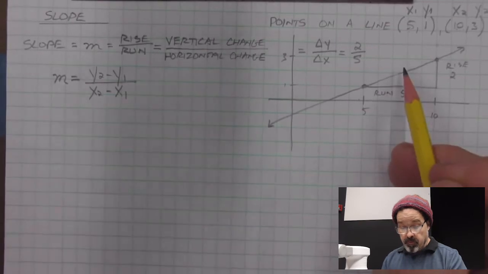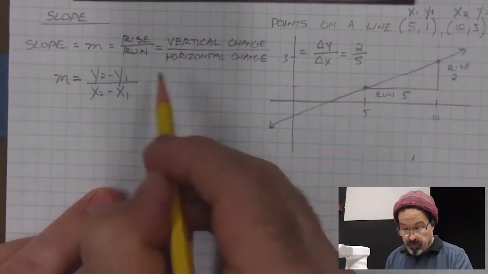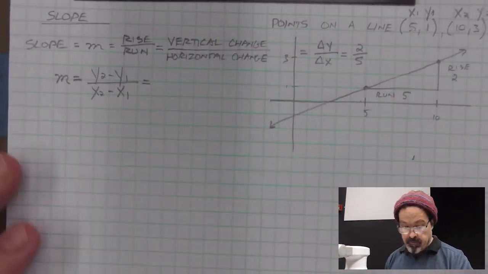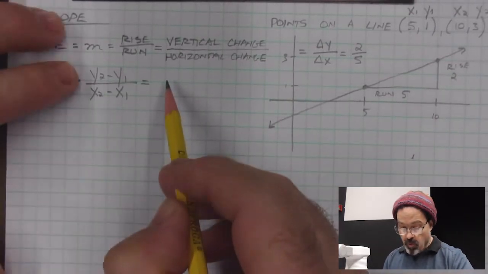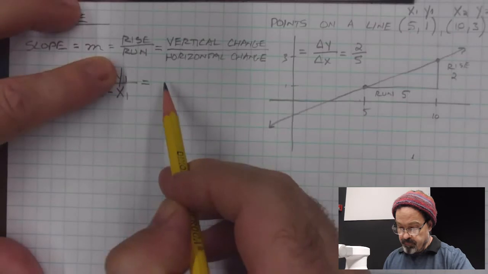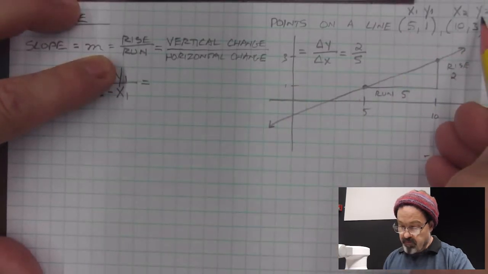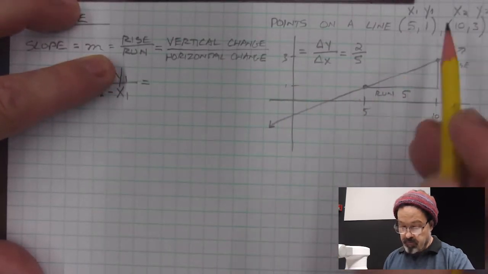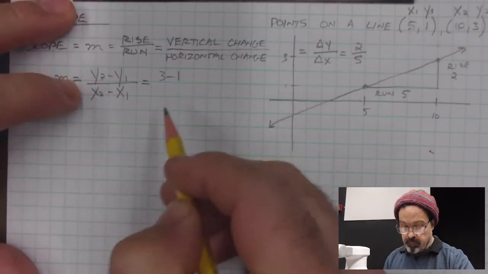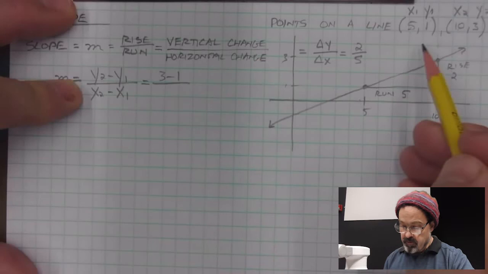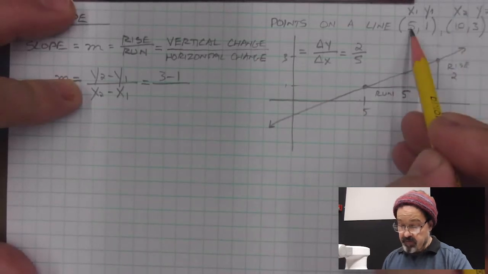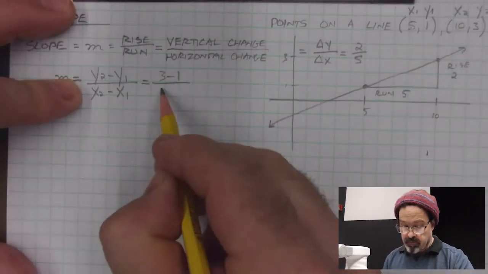These are the values that we plug into this slope equation here. So in this case, the slope is going to be y sub 2 minus y sub 1, or the difference in y values, 3 minus 1, divided by x sub 2 minus x sub 1, the difference in x values, 10 and 5.